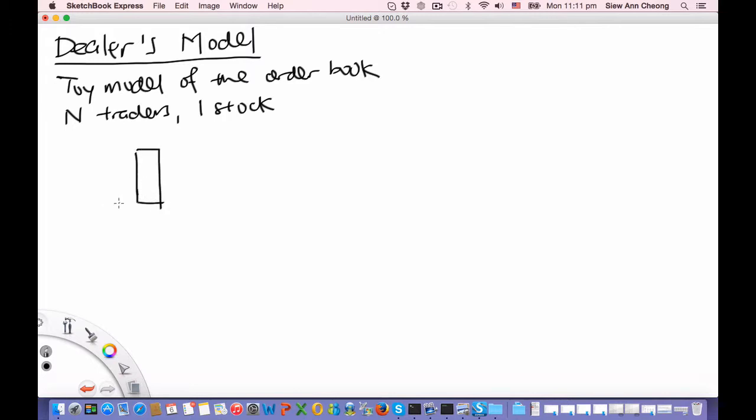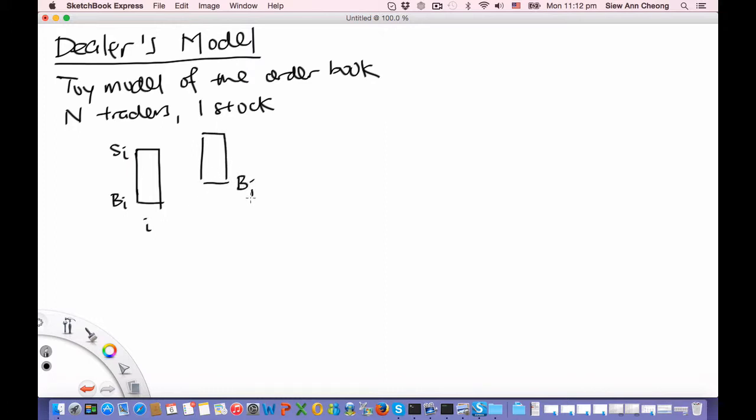This particular trader, let's say trader I, will buy 1 unit of the stock if the selling price is below BI, and he will sell 1 unit of the stock if someone wants to buy it for a price higher than SI. So all the traders in the model would be represented by a bar like this.